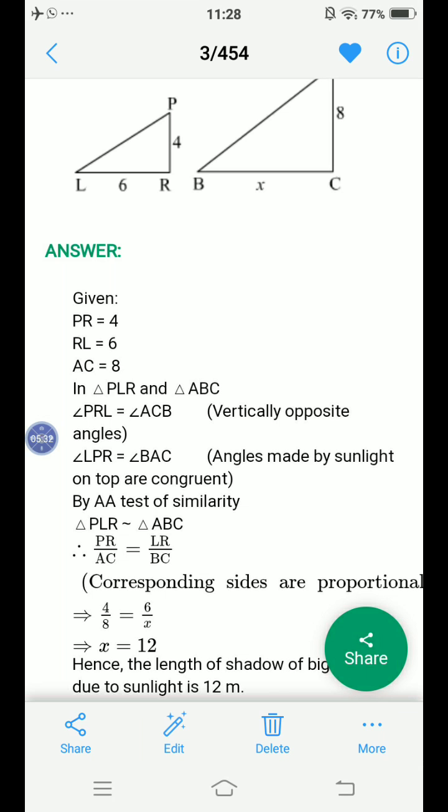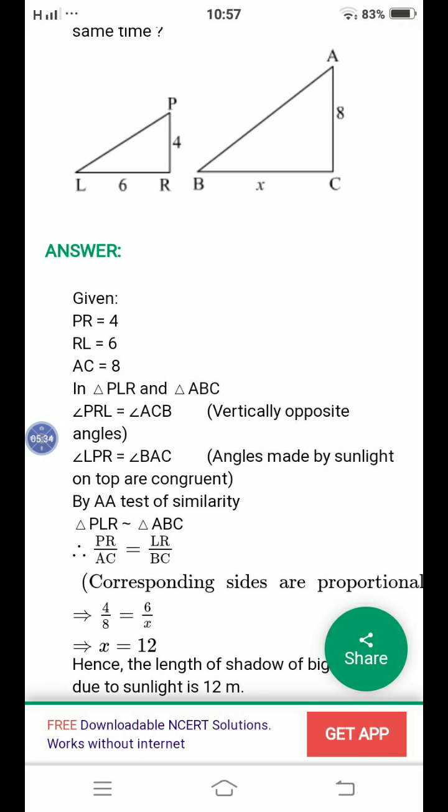Now in triangle PRL and triangle ABC, angle PRL is equal to angle ACB by vertically opposite angles. Then angle LPR is equal to angle BAC, angle made by sunlight.